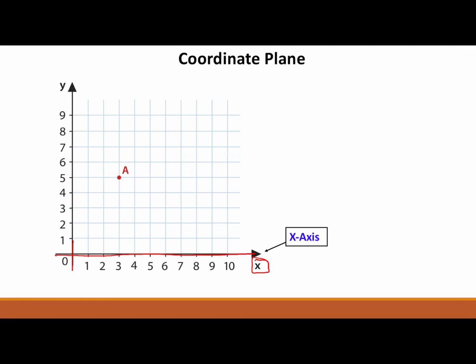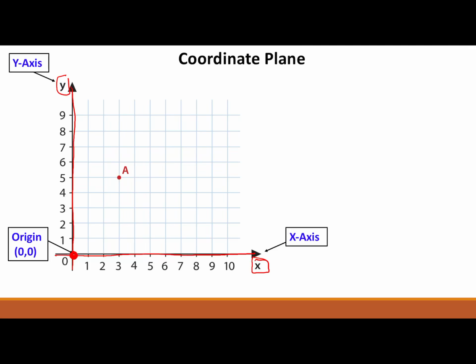The second number line that I'm highlighting right here is known as the y-axis. Now, one last vocabulary word that's very important for today's lesson is the origin. The origin is the point where the 2 number lines cross.